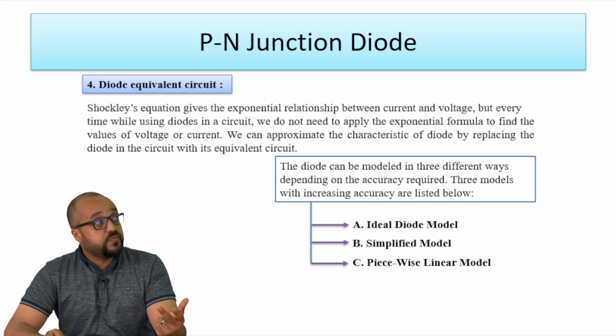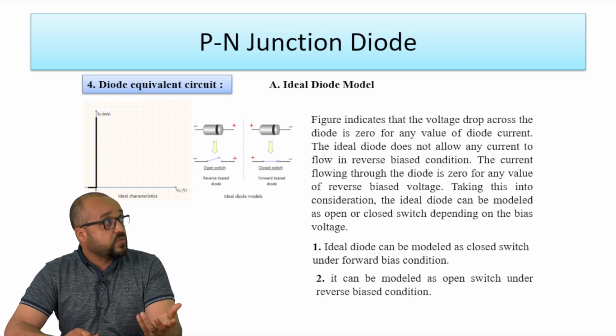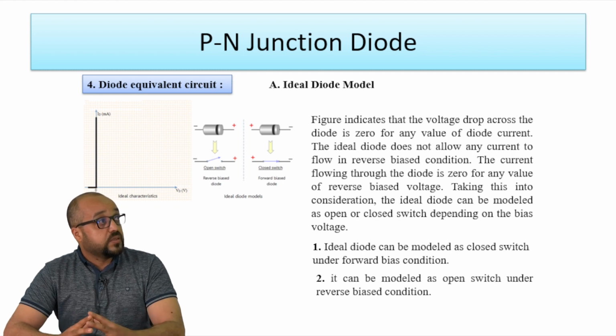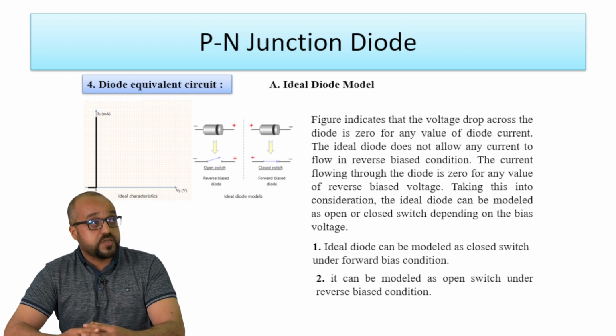We start with the first one, the ideal diode model. As the figure on the right indicates, the voltage drop across the diode is 0 for any value of diode current. The ideal diode does not allow any current flow in the reverse biased condition, so the current flowing through the diode is 0 for any value of reverse bias voltage.